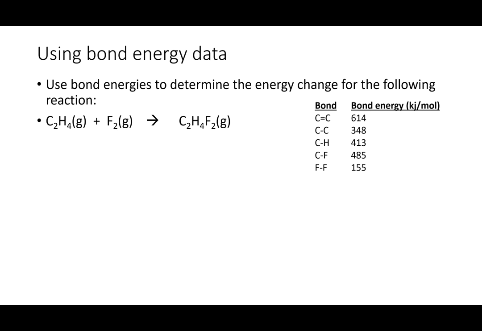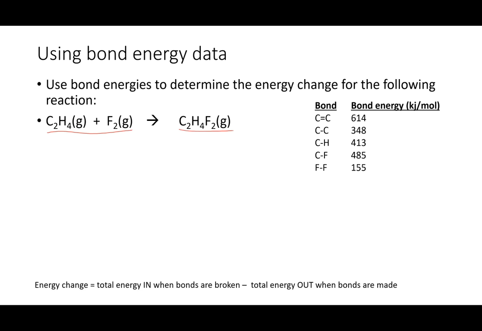To work out the change in energy when we go from our reactants to our products, we calculate the total energy that we need to put in to break the bonds, and then we take away the total energy that's given out when the bonds are made. To simplify that statement, something that might be easier to remember in an exam, we can say energy in minus energy out.